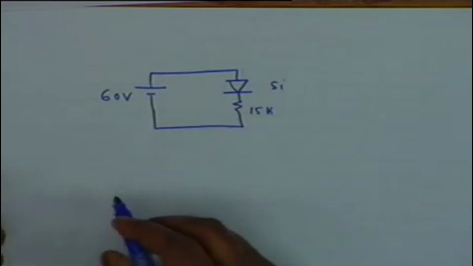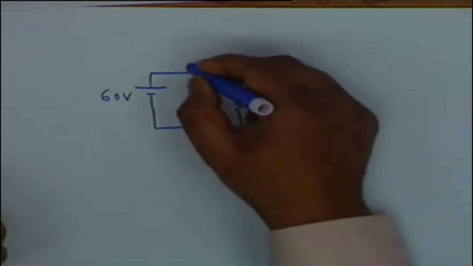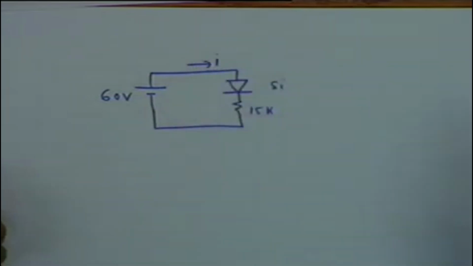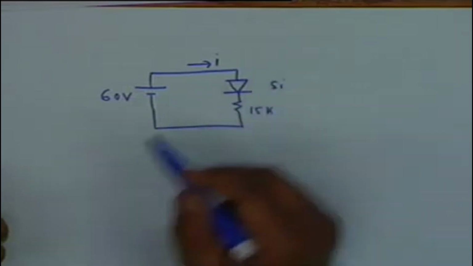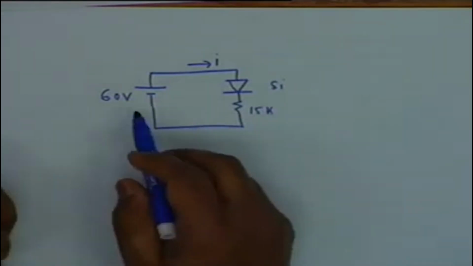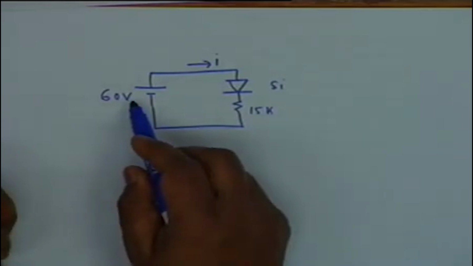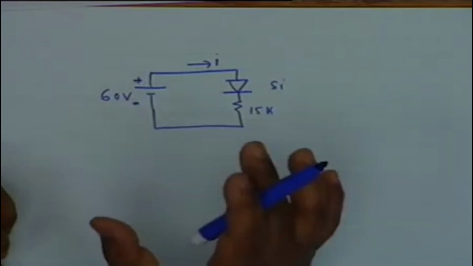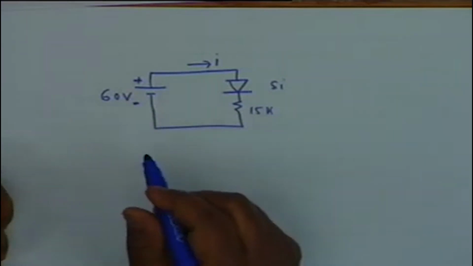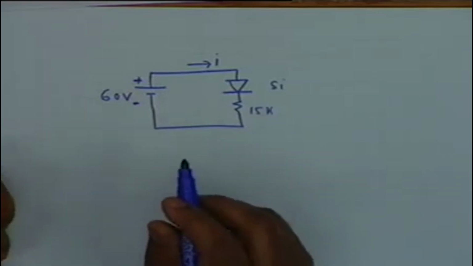We want to find out the current in this circuit. If you replace this by its equivalent circuit model, it is a forward biased diode with 60 volts, and therefore IS shall have very little effect. So you can ignore IS.